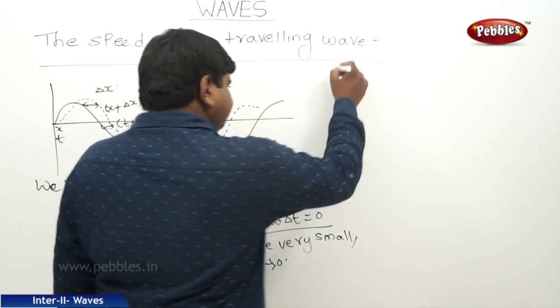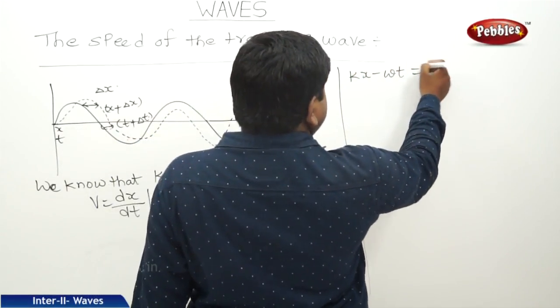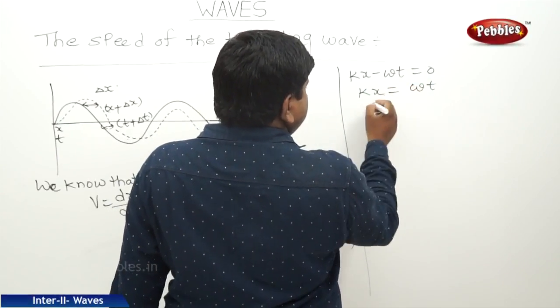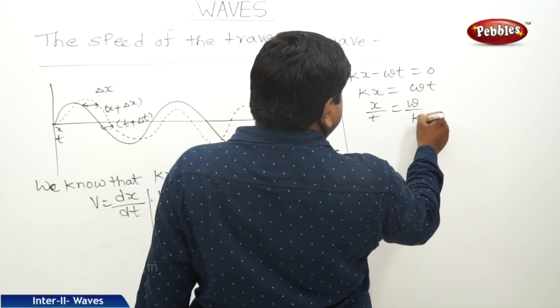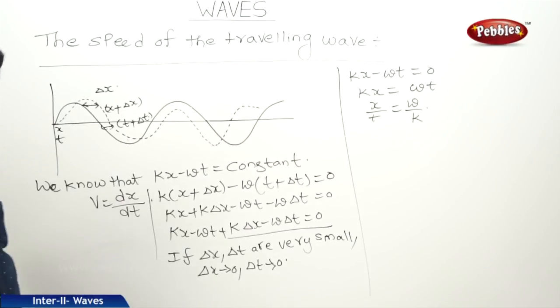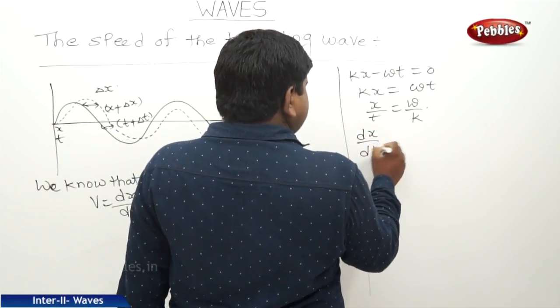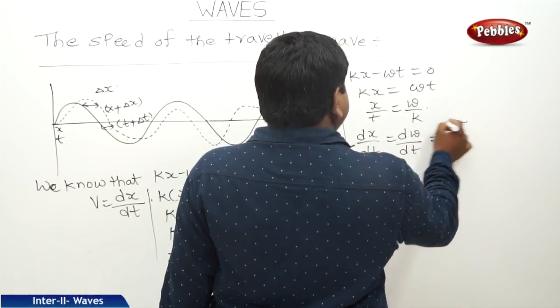So again, kx minus omega t is equal to 0. Therefore, kx is equal to omega t, and x by t is equal to omega by k. What is this x by t? Nothing but the velocity. So, dx by dt is also equal to d omega by dk, nothing but v.